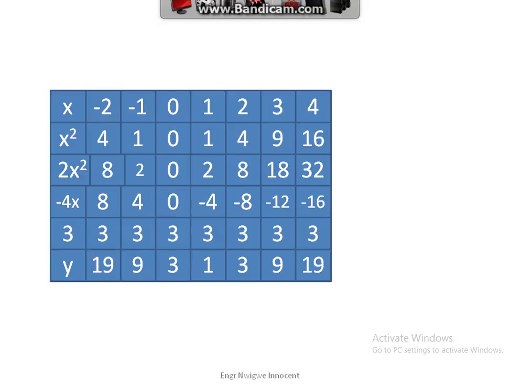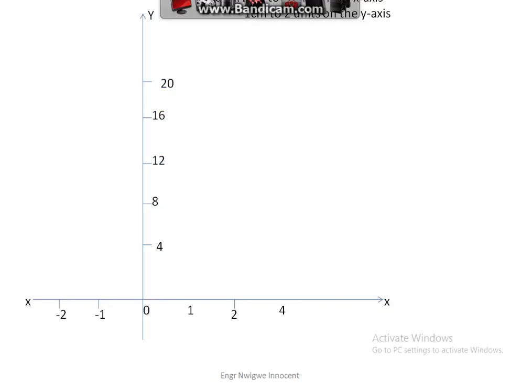Plotting a graph of y on the vertical axis against x on the horizontal axis. We are given that we should use 2 cm to represent 4 units on the vertical axis of y. Then we have 4, 8, 12, 16, 20. For the horizontal axis of x, we are told to use 2 cm to represent 1 unit.